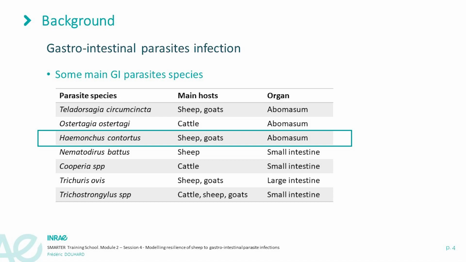There are several species of gastrointestinal parasites. Some are specific to cattle, some to goats, some are generic, and you can locate them in different parts of the gastrointestinal tract. But we will focus on Haemonchus contortus, which is probably one of the worst.